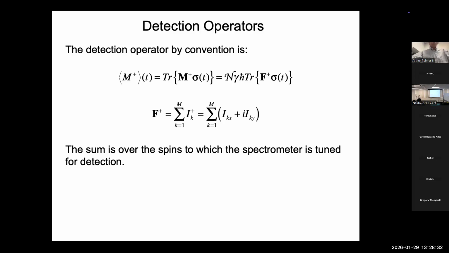So in the beginning, when TROSY was first invented, papers, including some of my own, kind of randomly assigned which peak was which. And then eventually it got carefully worked out. So now we know which is which. That's one of the few cases where you actually care.